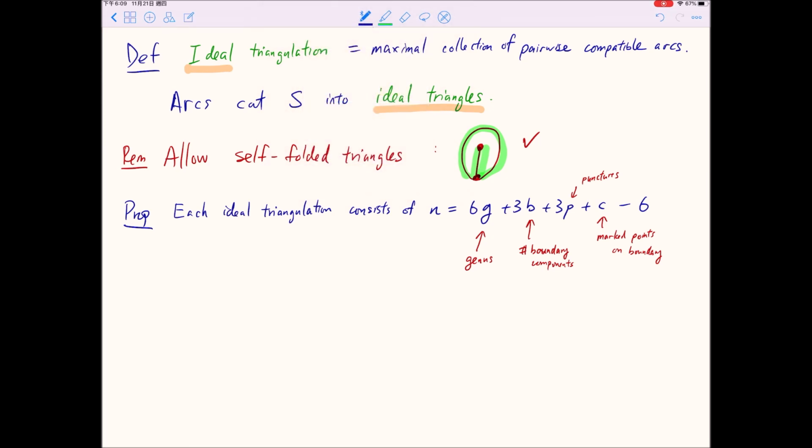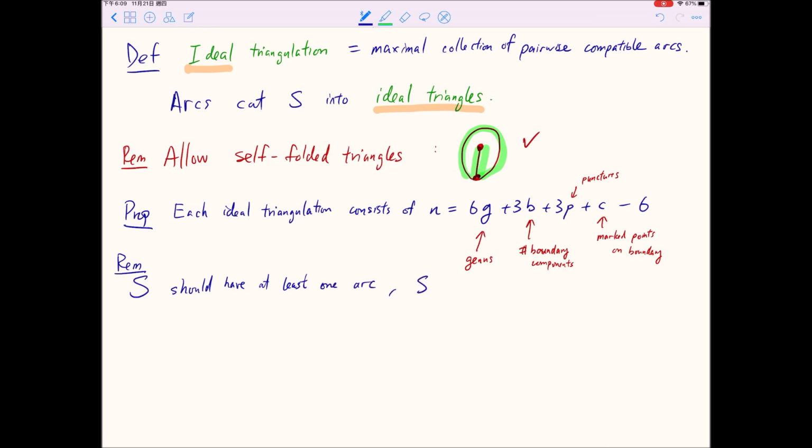Because we want to work with triangulations, then definitely we want to ignore all those special examples where there are not enough triangles. So in our setup, let's say as a remark, S should have at least one arc. Otherwise, you cannot do anything.